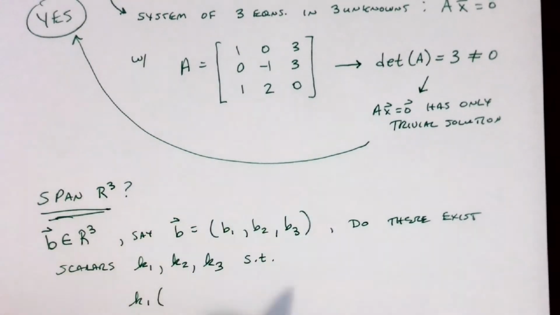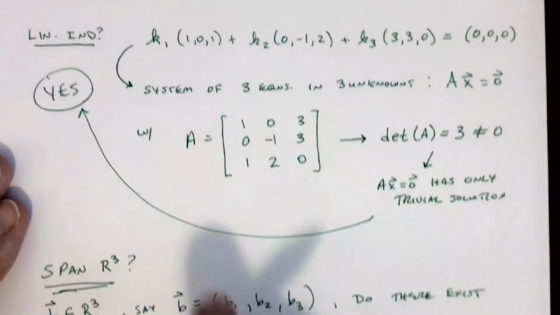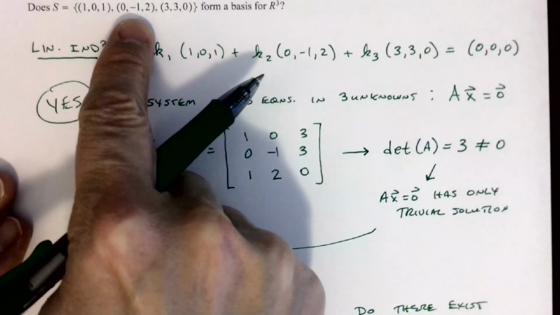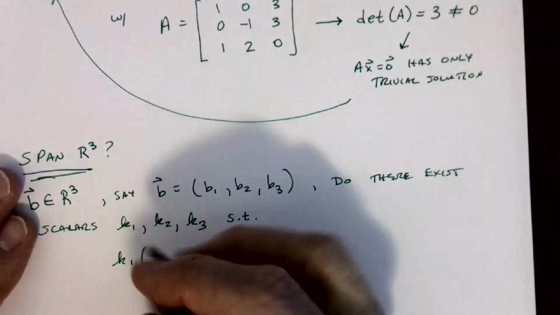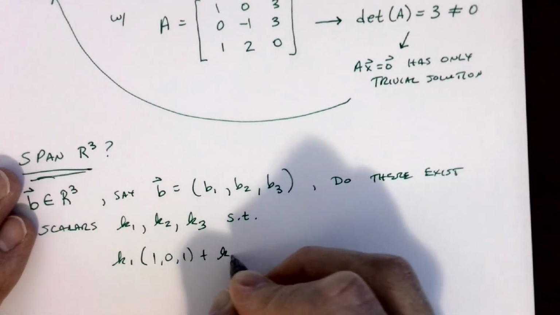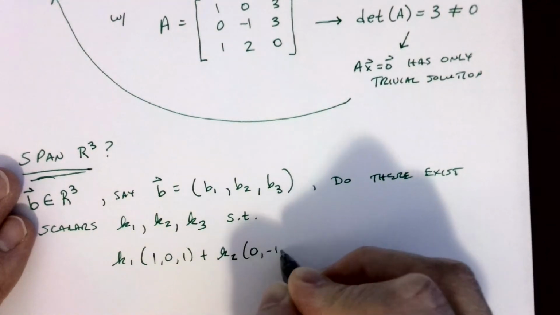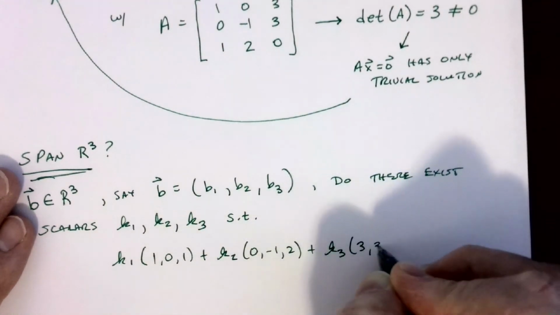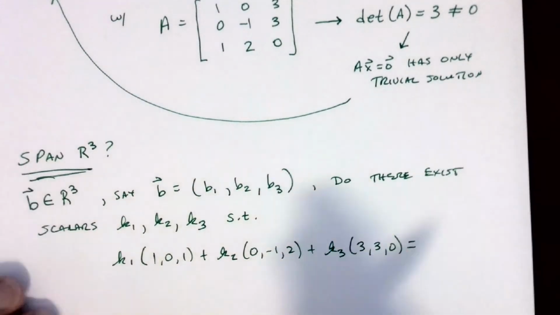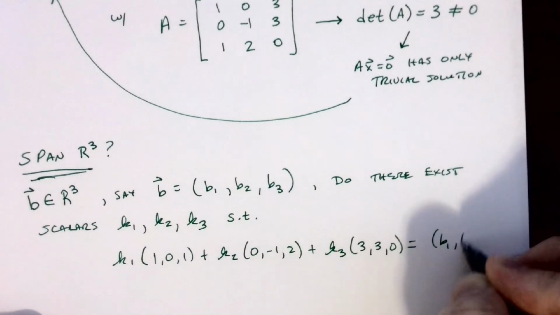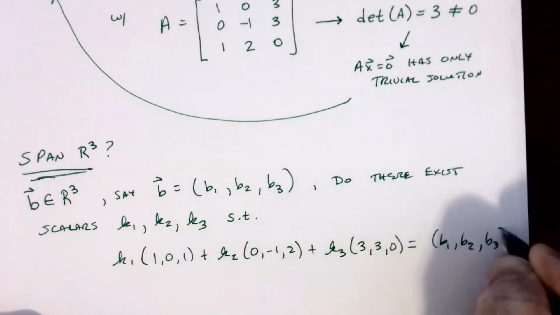K1 times our first vector plus K2 times our second vector plus K3 times our third vector. It's very similar to what we have above. Equals what? Equals B, which is B1, B2, B3.